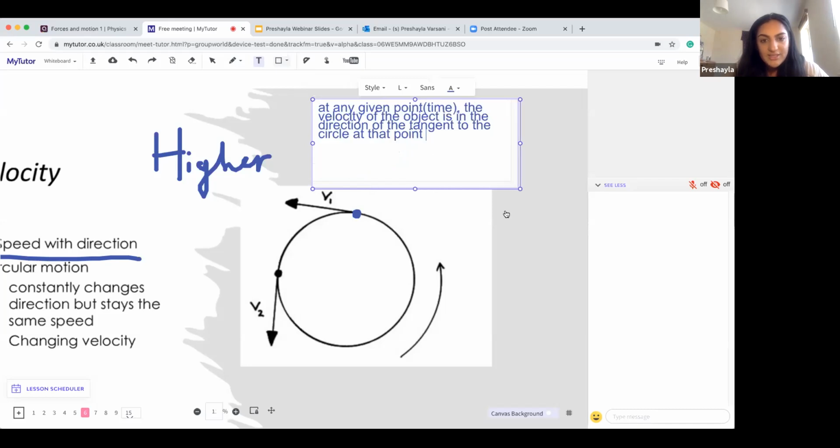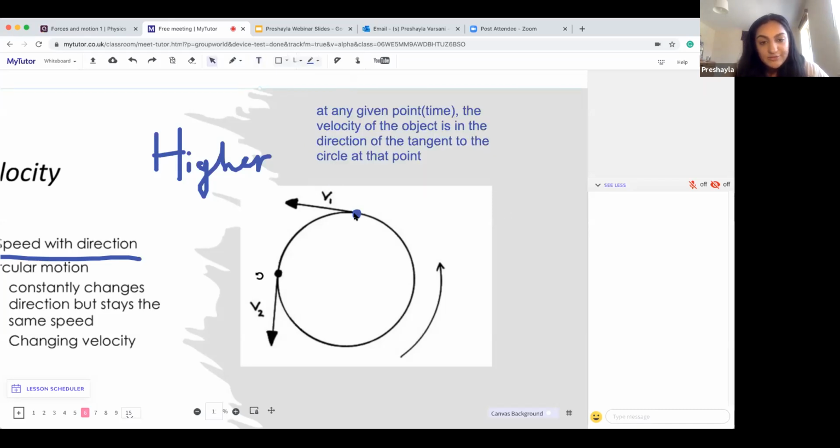So we can see that when the car is at this blue dot, the velocity v1 is in the direction of the tangent to the circle at that point.